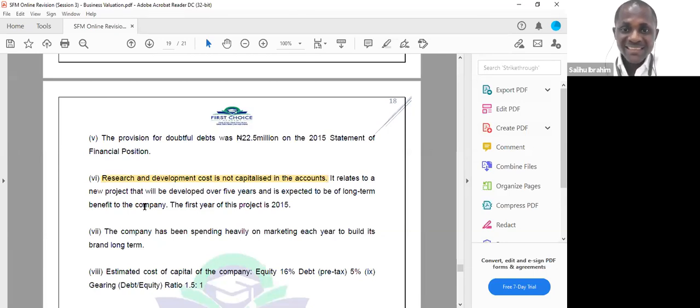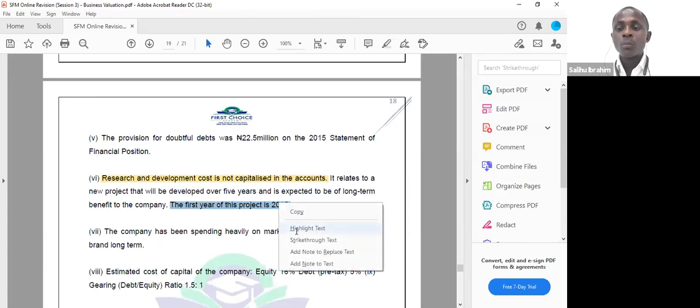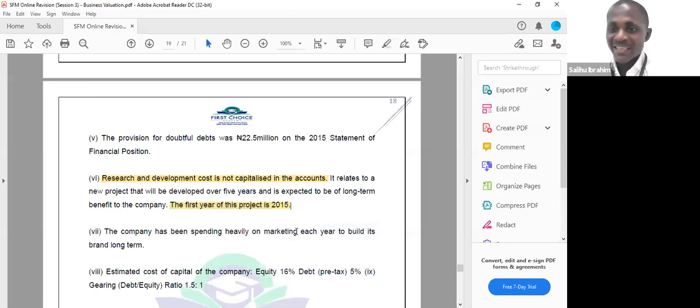So let us continue. It relates to a new project that will be developed over 5 years and is expected to be of long-term benefit to the company. The first year of the project is 2015. That implies that you have to capitalize your R&D in 2015.